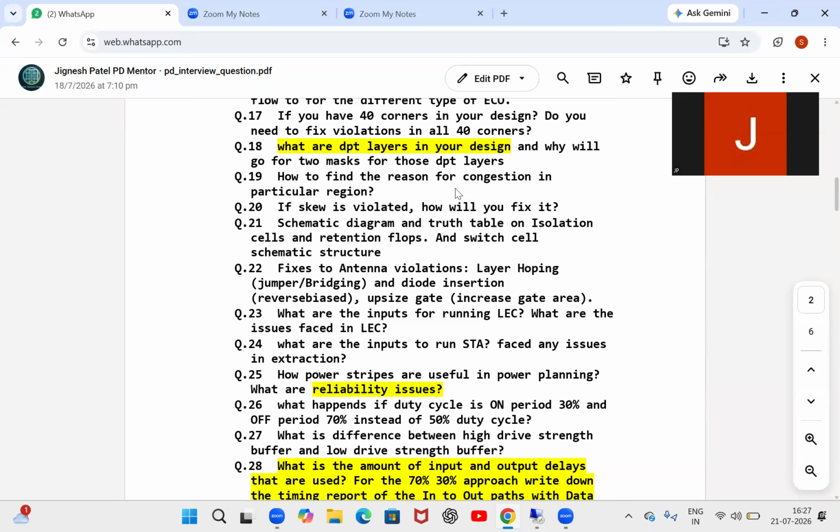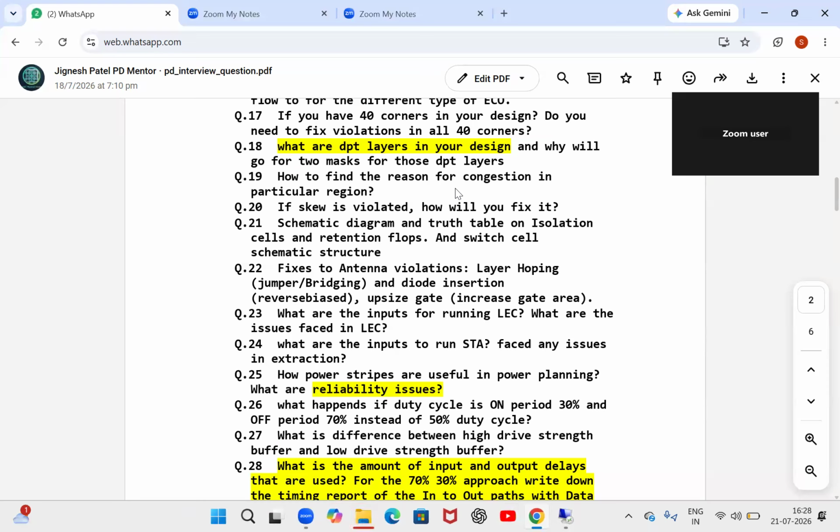Think in terms of advantage and disadvantage of this high drive buffer and low drive buffer with respect to PPA: power, performance, area. High drive buffers will have more area compared to low drive buffers. It occupies more area, but it helps in timing.